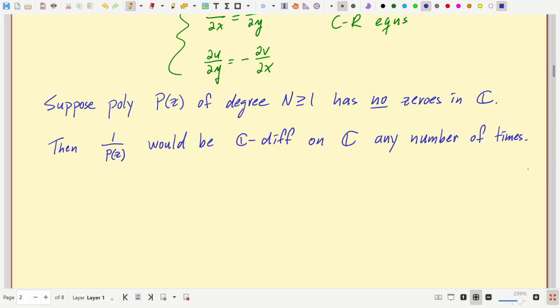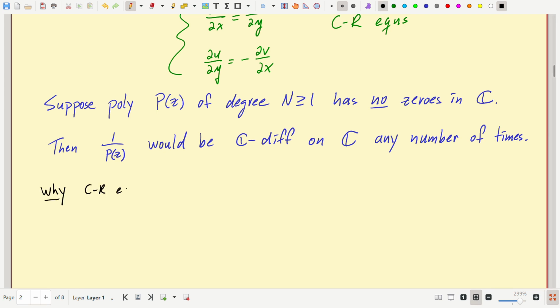Okay, I claim that's going to mean that the real and imaginary parts of 1 over p of z are harmonic functions. Okay, I want to tell you why the Cauchy-Riemann equations are true before I continue here.